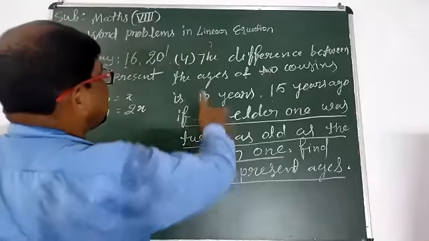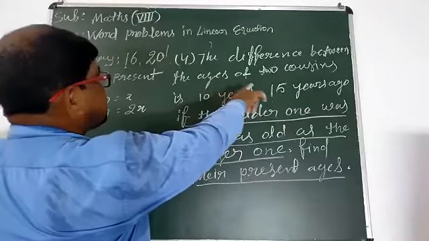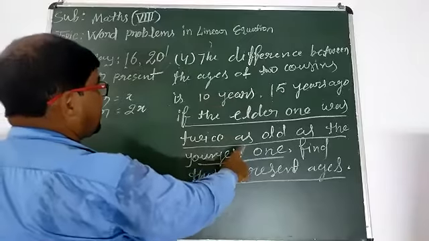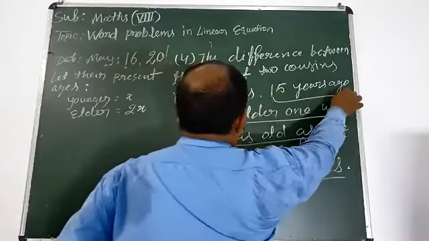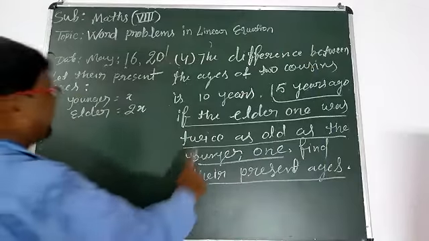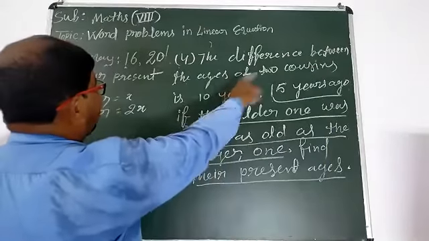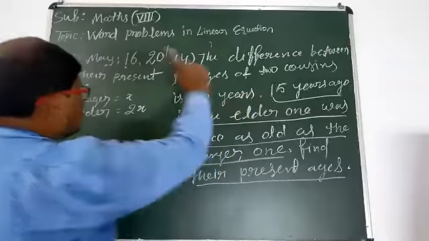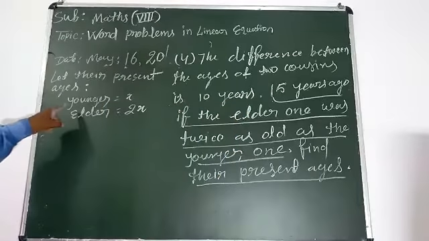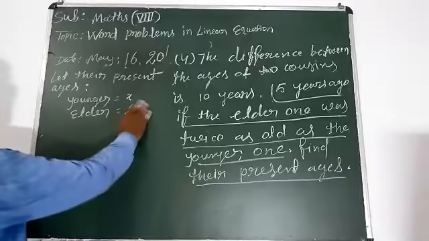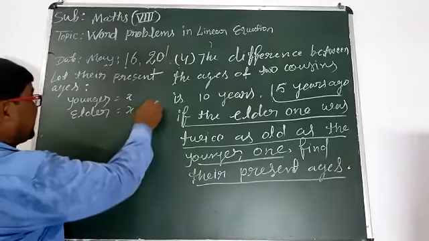Understood, student? The difference between the ages of two cousins is 10. But this is the second condition, 15 years ago. We are in present time. The difference between the ages of two cousins is 10. If you are supposing younger x, then elder will be x plus 10.